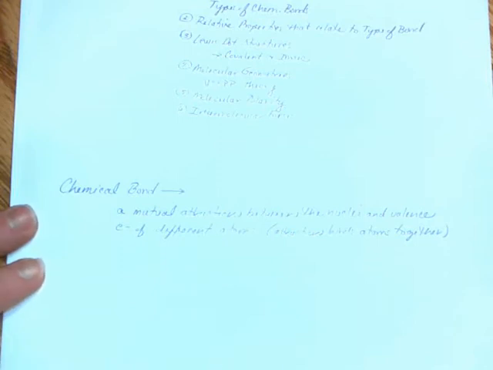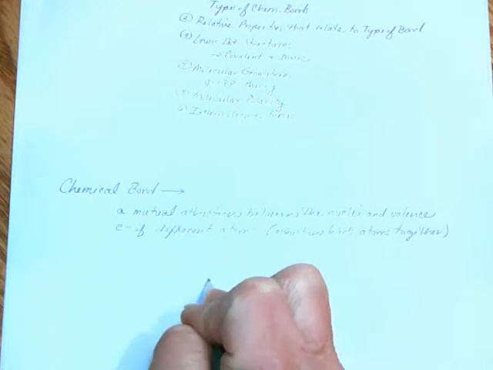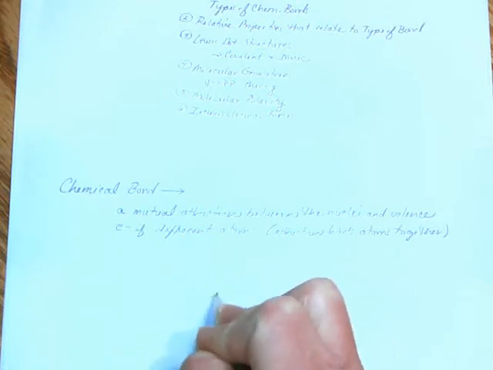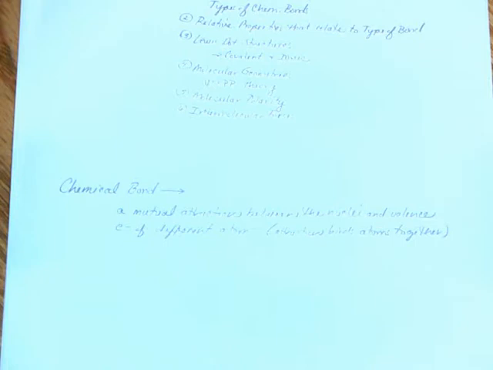So first, what is a chemical bond? A chemical bond results from the mutual attraction between the nuclei and valence electrons of different atoms for each other. So if we have one atom, we know that its nucleus is content with the electrons that are there. However, it's usually desiring to gain or lose.